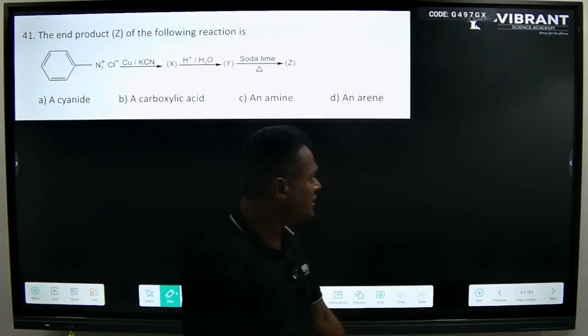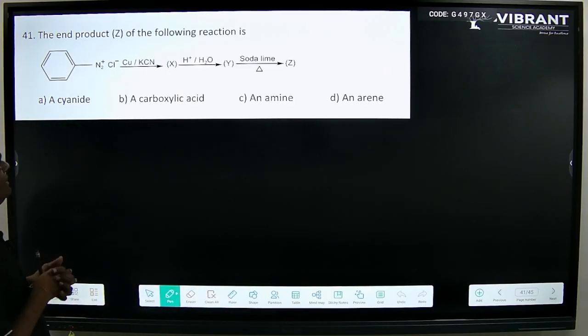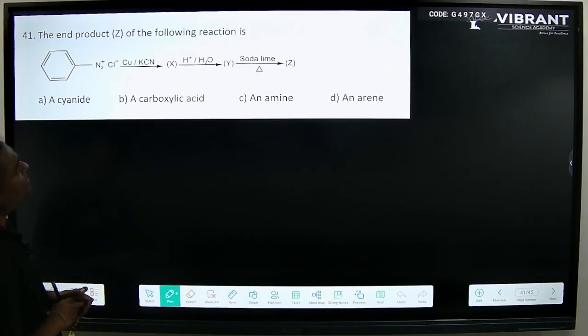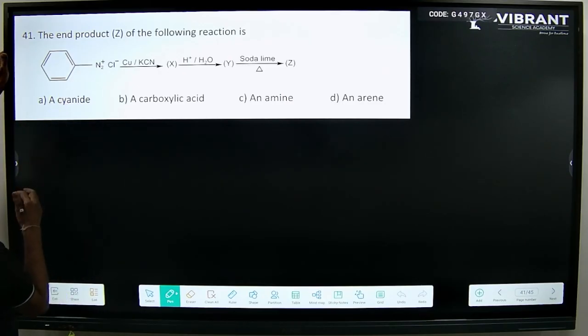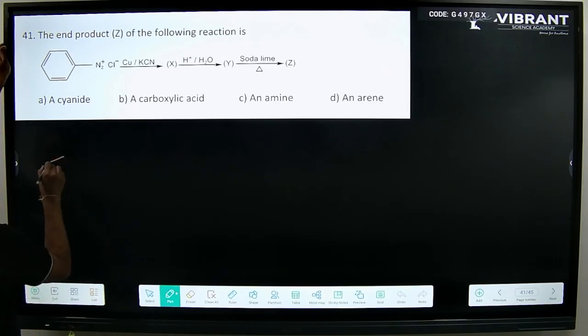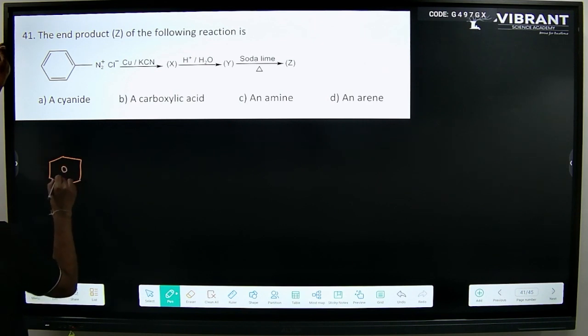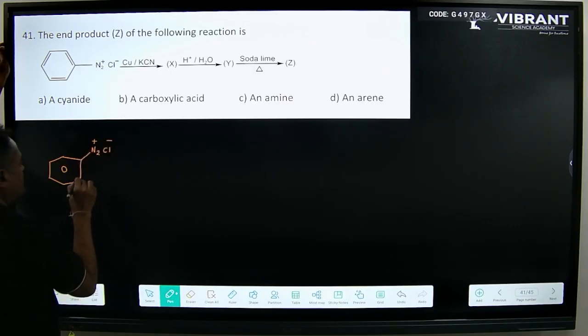What you have on screen now, the end product of the following reaction is... I think this is one of the very common reactions, child. This is a benzene unit having over here N2 plus and Cl minus, correct?